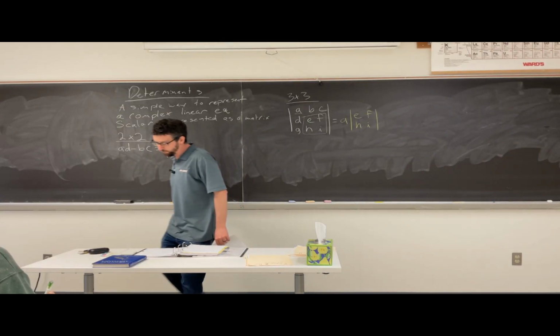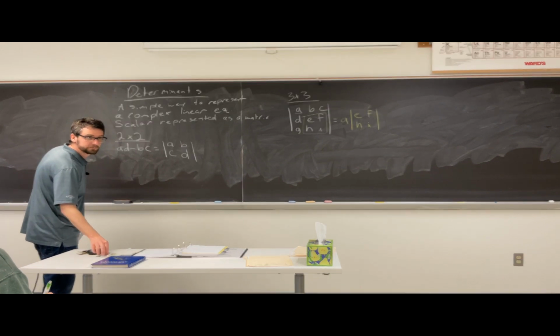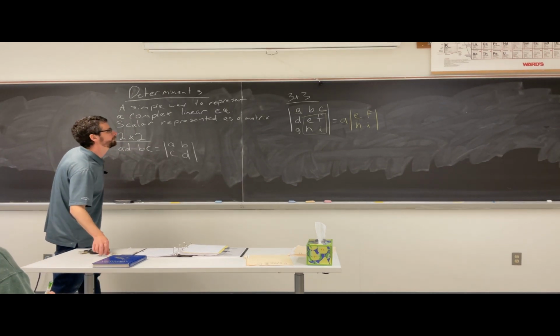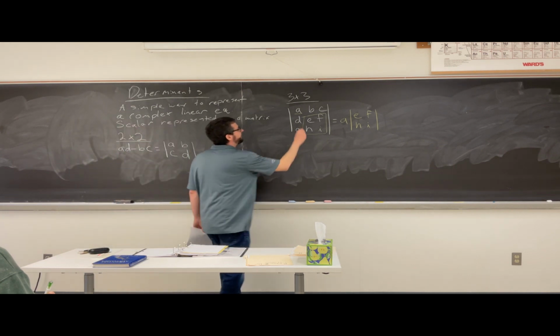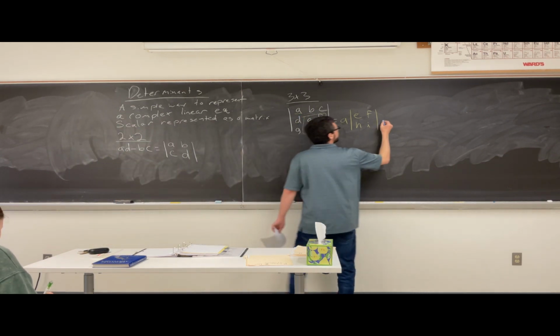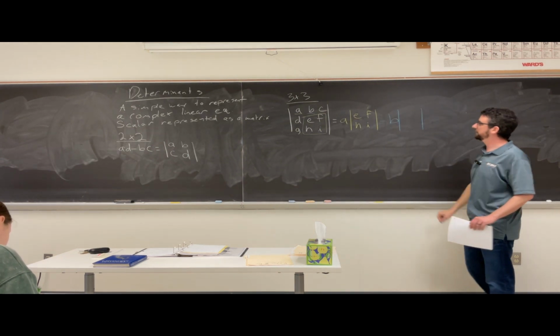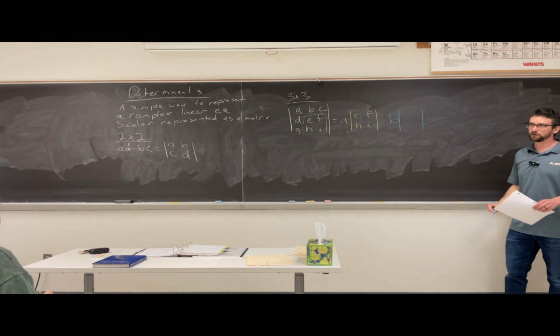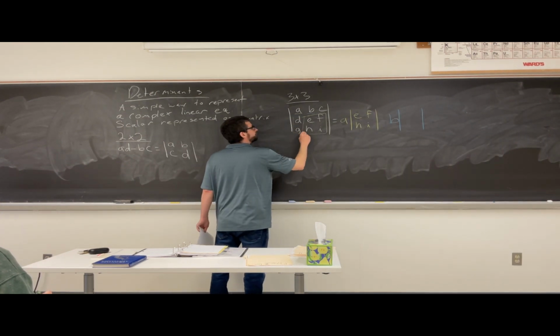Okay, what color do you want to use next? Blue. Blue for B, there we go. So then we're going to have a minus sign, then B, then we need a 2 by 2 determinant. What's going to go in that 2 by 2? D, F, G, I. Yep.